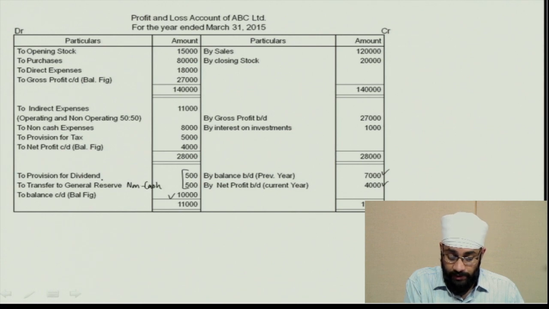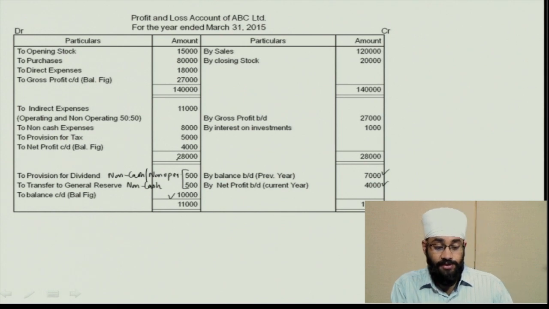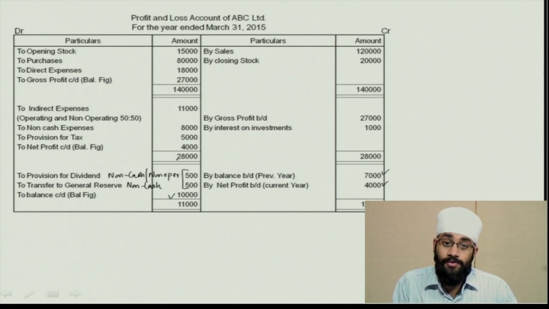Provision for dividend again is non-cash as well as non-operating. If this was dividend paid, then it would not be non-cash, it would be a cash item. However, this is also a non-operating item.